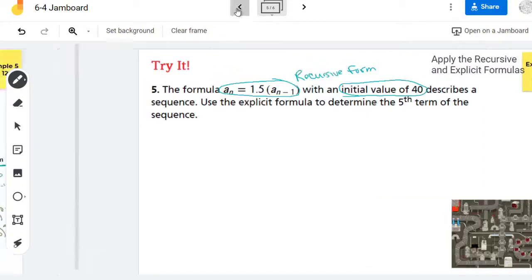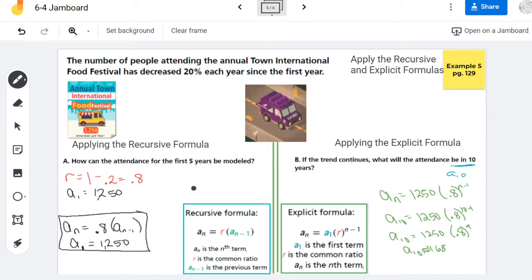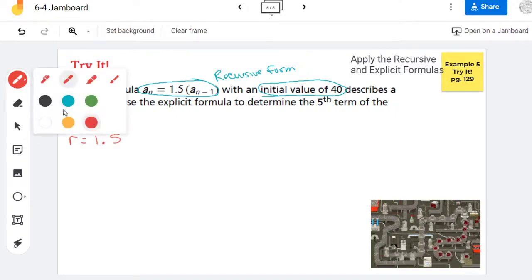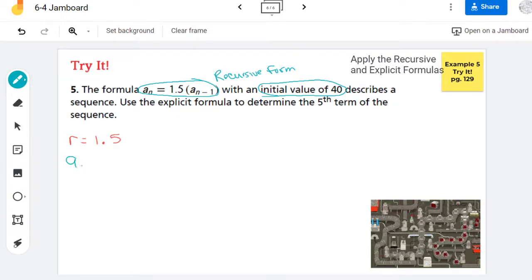So remember, our recursive formula has built in our r and our a sub 1. So my rate, my common ratio, is the number in front of the parentheses. So in this case, my common ratio is 1.5, and my a sub 1 is 40, because that's our starting amount.